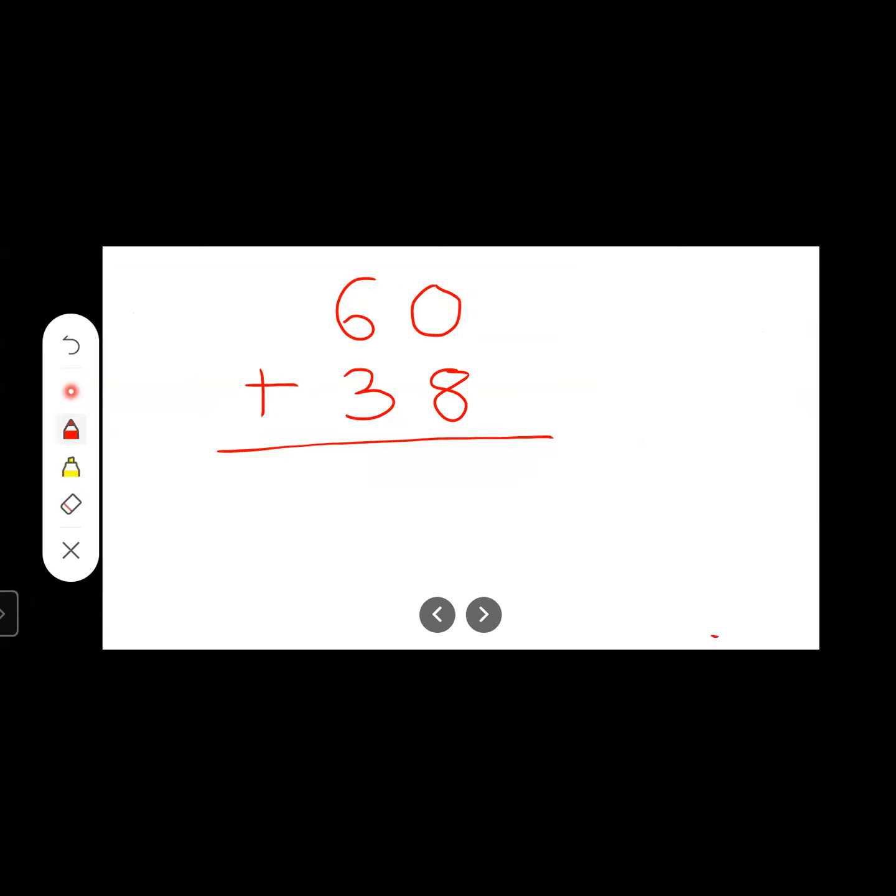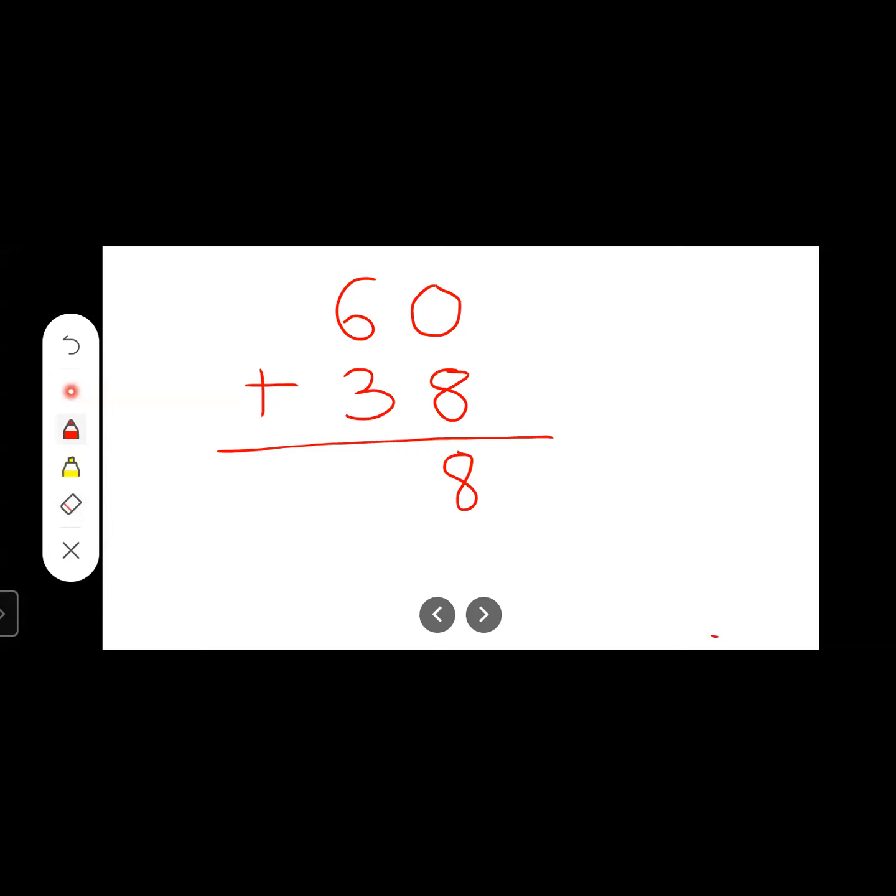Type it in the chat box. 0 plus 8 is 8. Understood? Any number added or subtracted with 0, that number only will be the answer. If you write 0 over here, this is wrong. Wrong. Okay. 0 plus 8 is equal to 8.